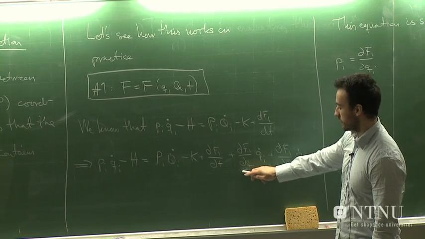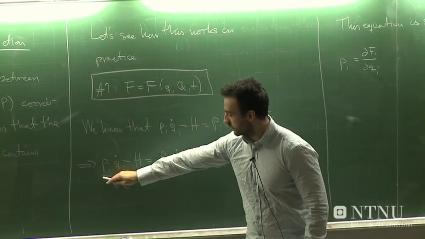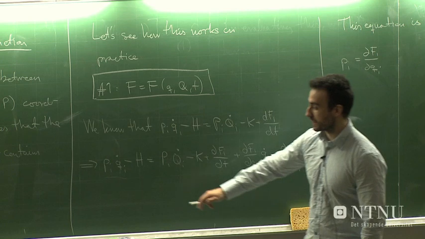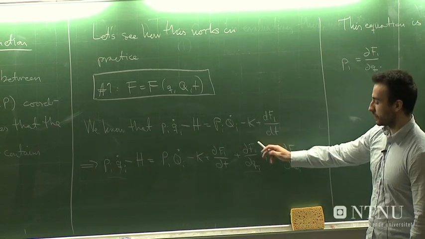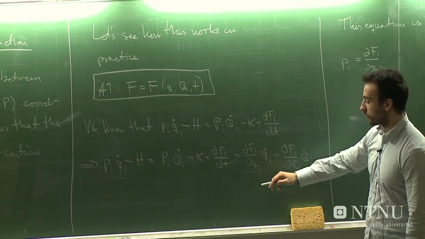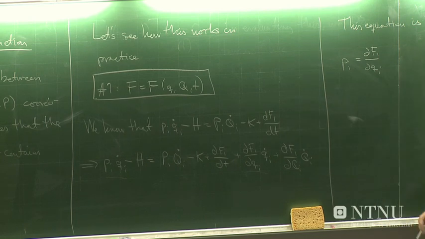And we have one term here. So these terms should be equal, which means that pi has to be the partial derivative of f1 with respect to qi, like this.